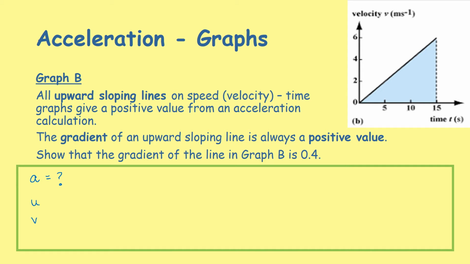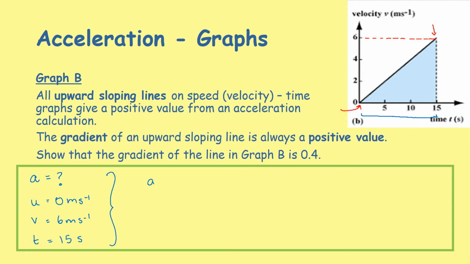We need our initial speed, we need our final speed, and we need our time. Looking at the graph, right at the start, we can see that the initial speed is 0 meters per second. Again, looking at the graph, our final speed up here, if we follow a dotted line across, we can see that it's 6 meters per second. And finally, we can see this happens in a time of 15 seconds again.